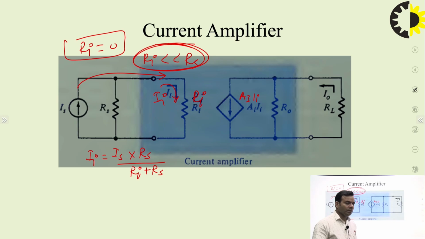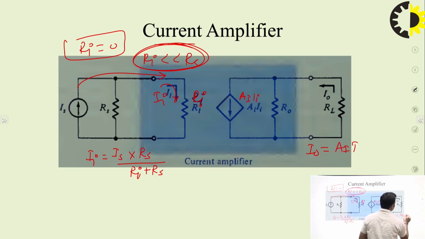Similarly, let us move towards the output side. Towards the output side, we can clearly see that this is Ii and this current flowing here, I naught, will be equal to Ai Ii multiplied by R naught upon R naught plus RL.